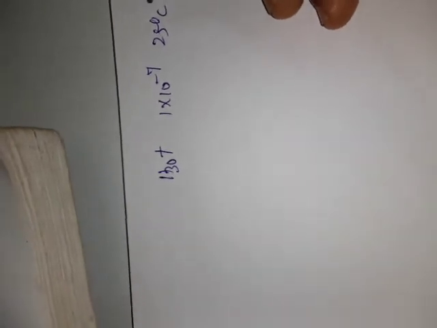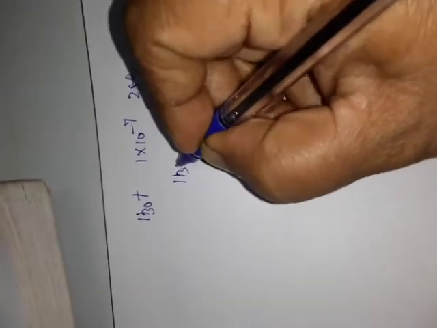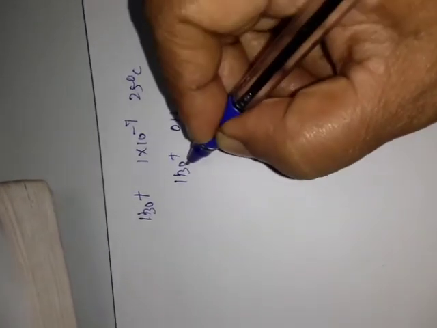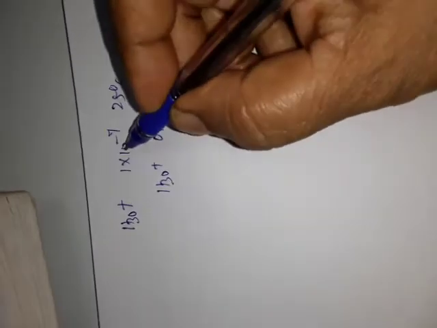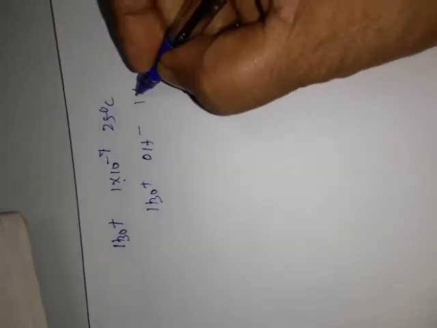Since the dissociation of water produces equal amounts of H3O+ and OH-, the OH- value will also be 1 × 10^-7 at 25 degrees Celsius.